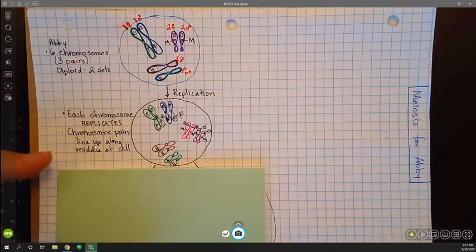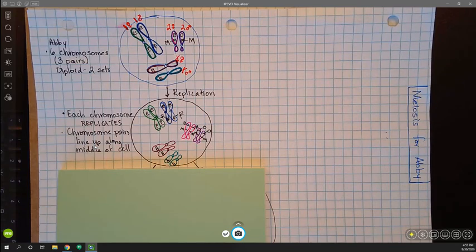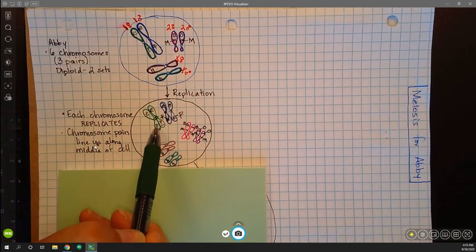So the first thing that happens is a process called replication. In replication, each chromosome replicates, or makes a copy of itself. The chromosome pairs line up along the middle of the cell. I didn't really draw that lining up part, but we'll talk about that in just a second. But we have chromosome 1 here.